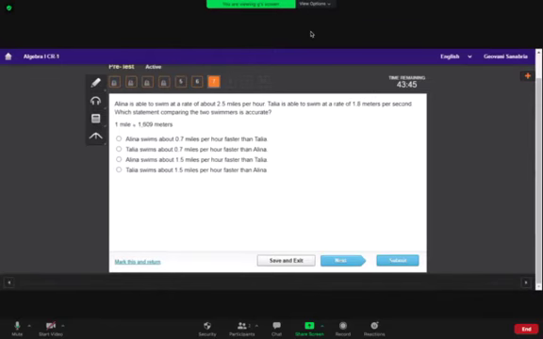So how do I get to miles per hour? 2.5 miles per hour. Meters per second. Let's see.